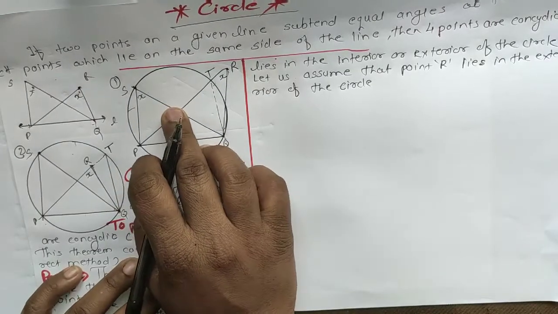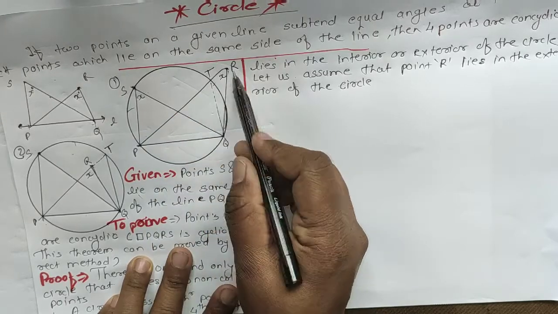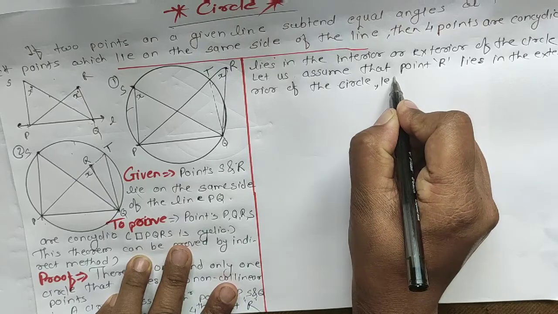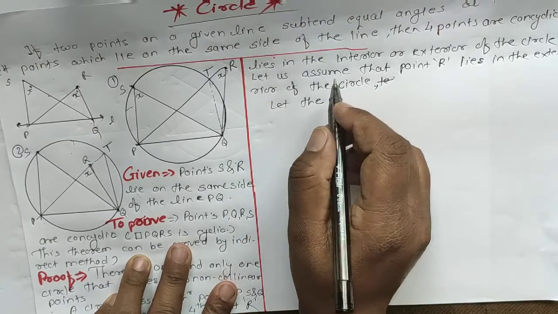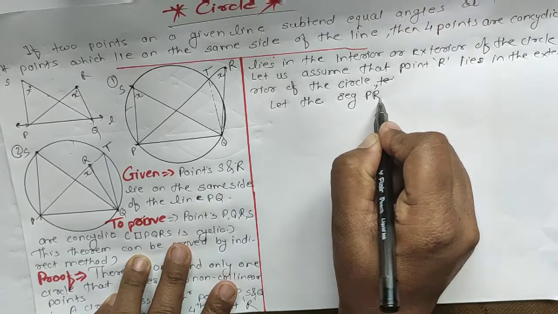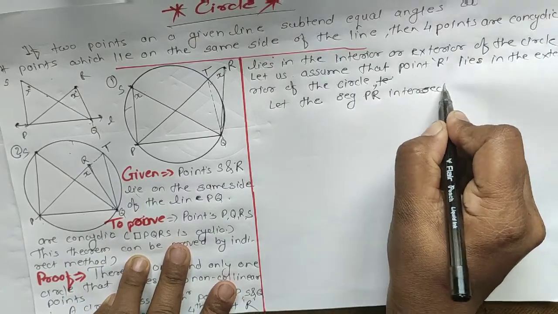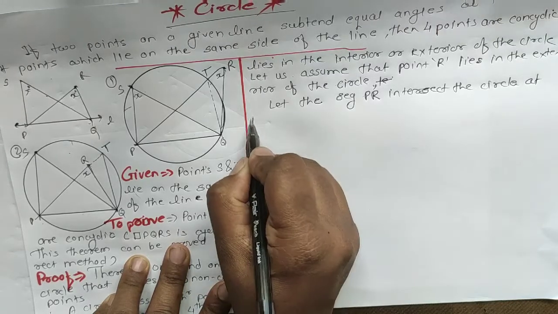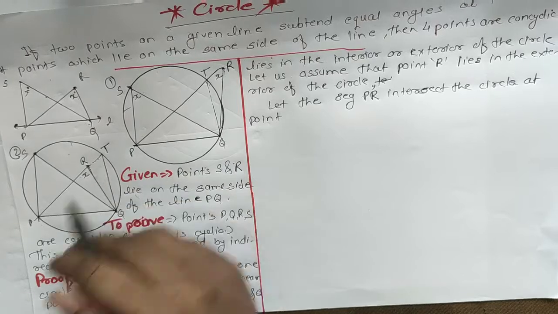Now if it lies in the exterior of the circle, let the secant PR intersect the circle at point T. Okay, here it intersects for both the statements.